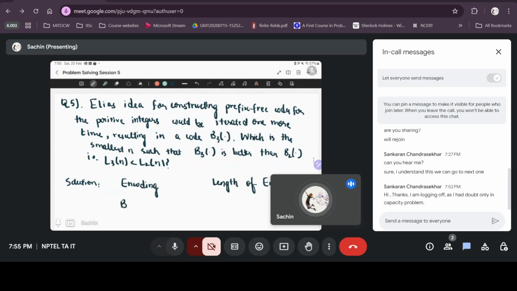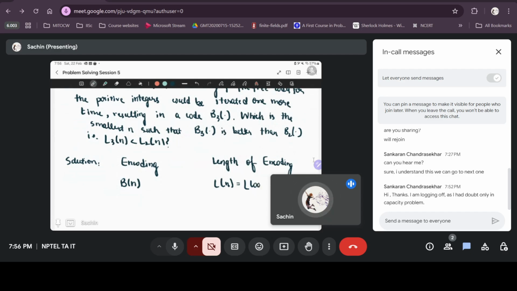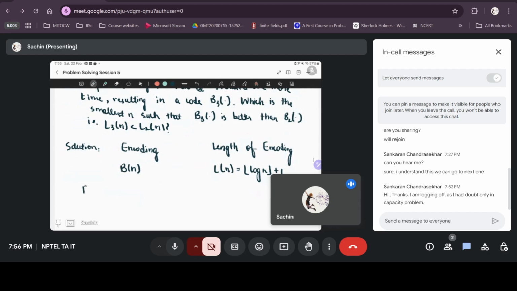So encoding, if you just do binary, then the length is floor of log n plus 1. If you do alias1 coding, then L of n minus 1 zeros followed by b of n is your code.